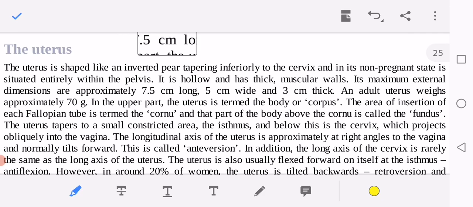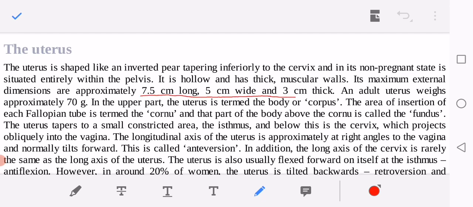Its dimensions are 7.5 centimeter long and 5 centimeter wide and 3 centimeter thick. An adult uterus weighs approximately 70 gram. The upper part of the uterus is termed the corpus, or body of the uterus. The area of insertion of each fallopian tube is termed the cornu.